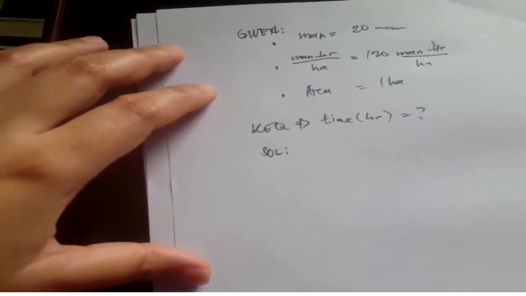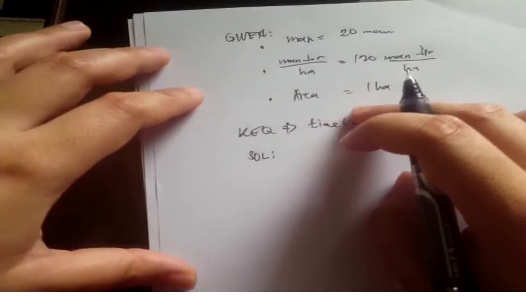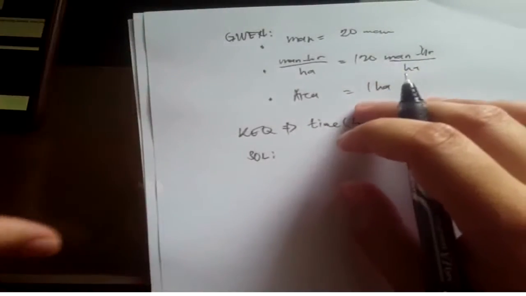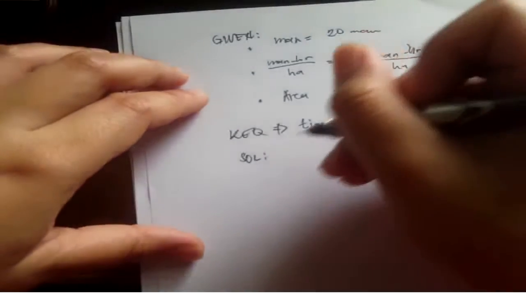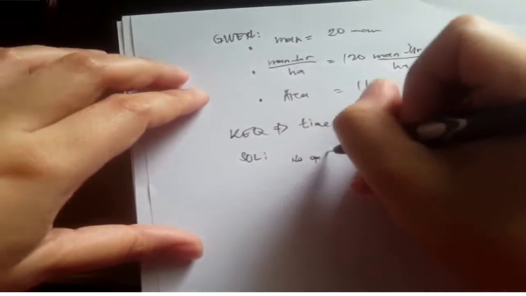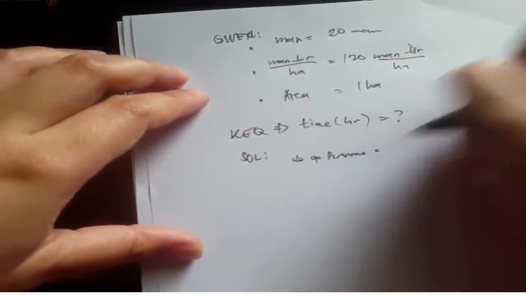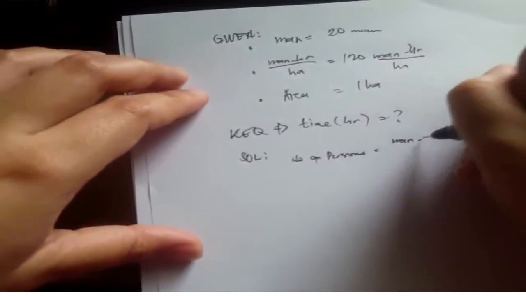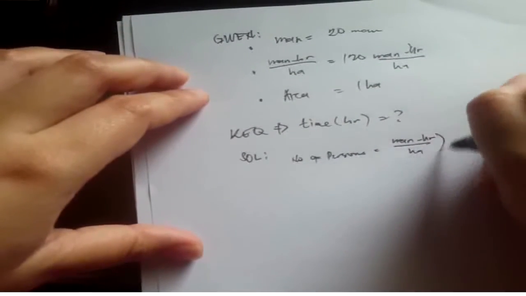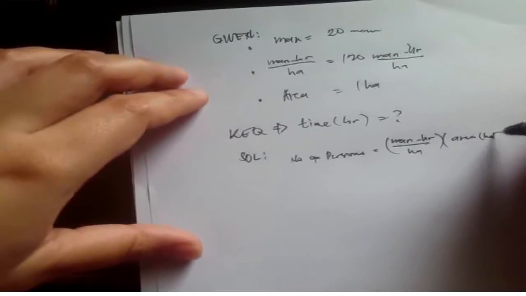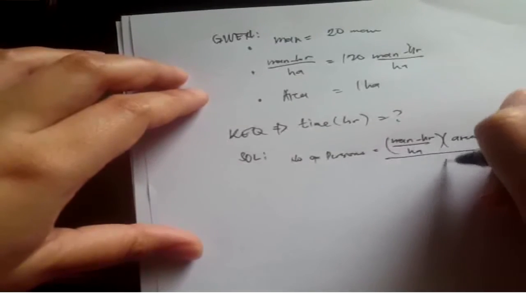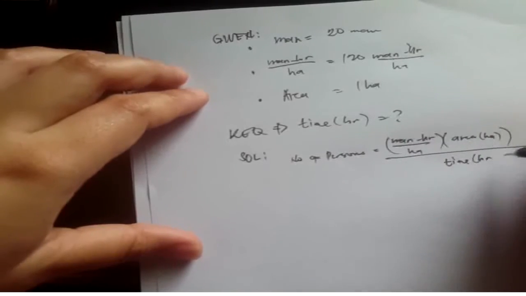Okay, so for the solution, once again, you need to write the formula for this problem in order for us to calculate how many hours we need. So number of persons is equal to man-hour per hectare times area divided by the time needed.